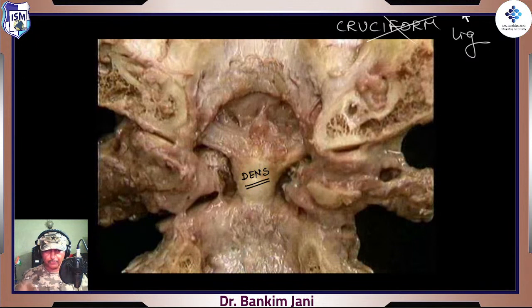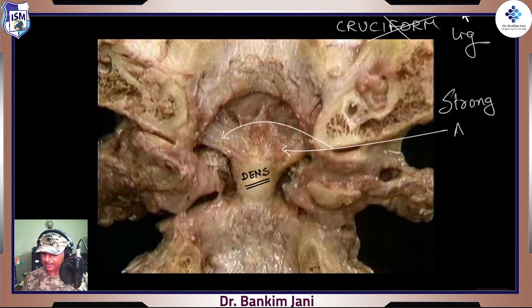And then from the dens, do you remember we said two strong ligaments will be going up? Well, they are there. This one and this one. They are the strong alar ligaments.